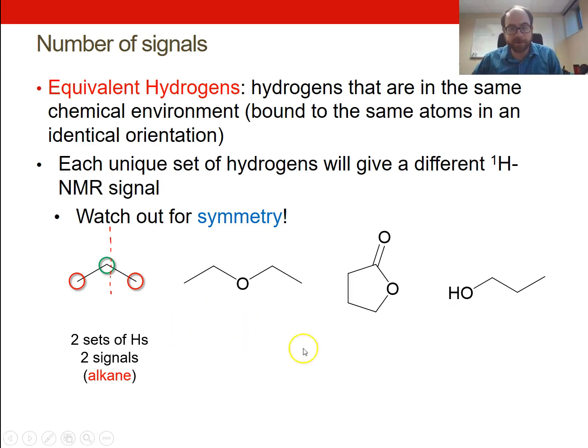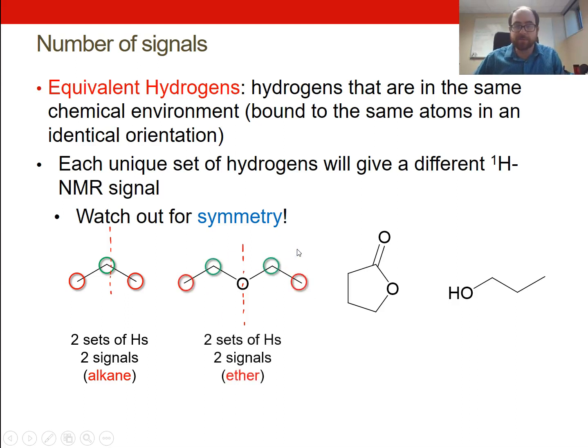If we look at our ether, again we have a plane of symmetry directly down our oxygen. So the hydrogens on the carbons that are attached to the oxygen are chemically equivalent. These hydrogens here and these hydrogens are chemically equivalent, as are these hydrogens and these hydrogens. Again, we have two sets of hydrogens and therefore two signals on our proton NMR spectrum.